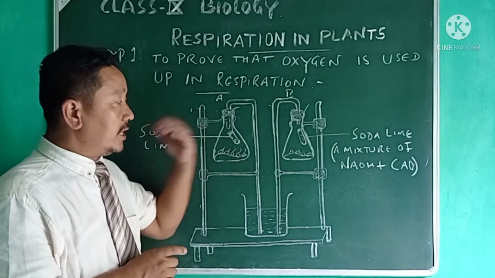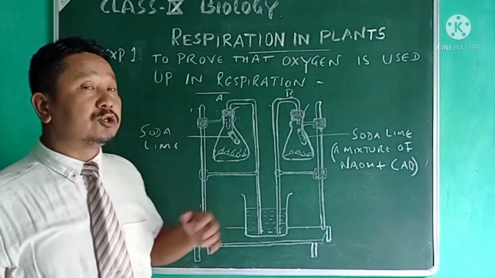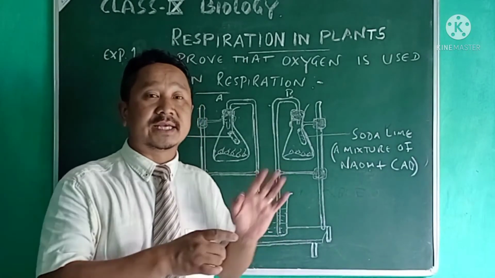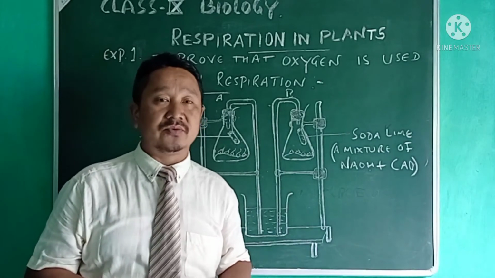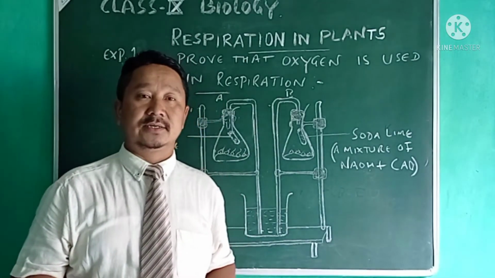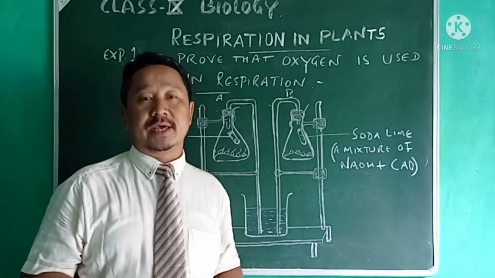Whereas the remaining 30 seeds need to be killed by boiling them. You have to boil them so that they are killed. Then they are to be treated with some antiseptic chemicals like carbolic acid, so that bacterial activities are kept away.